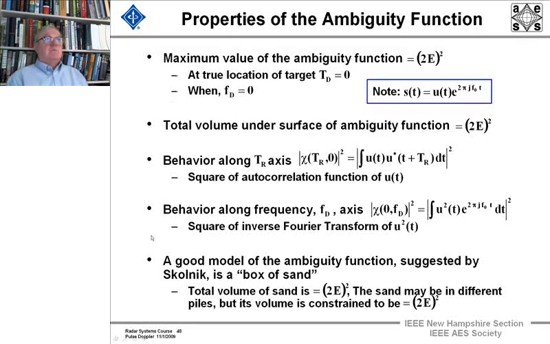Okay. Now here are some of the properties of the ambiguity function. The maximum is twice the energy quantity squared, when the true location of the target is at 0 range, when the Doppler is 0. And the total volume under the surface of the ambiguity function is twice E squared.